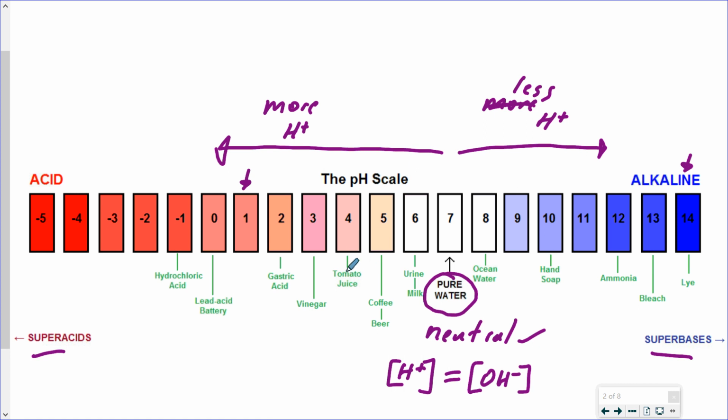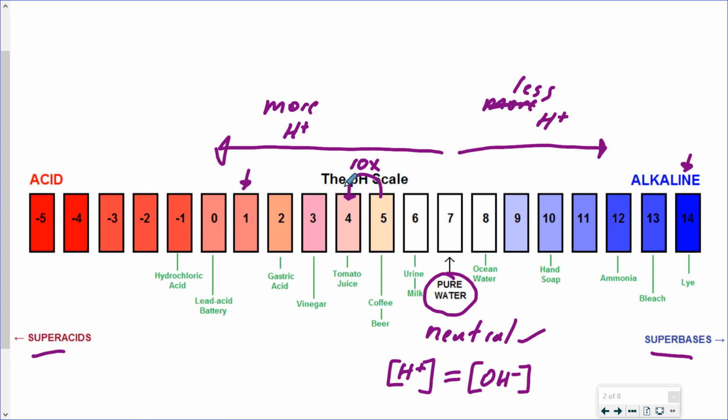But if we take a look at tomato juice, we can see that because it is a lower pH number, it is more acidic than coffee. It's only a difference of 1, but that difference of 1 is a 10 times difference in acidity. Tomato juice, citric acids like lemon juice, lime juice, they are 10 times more acidic than coffee.